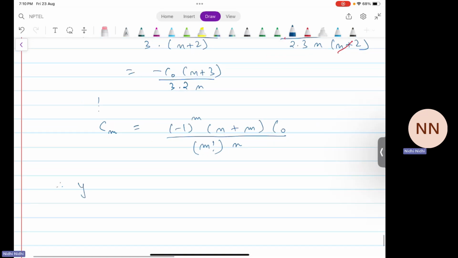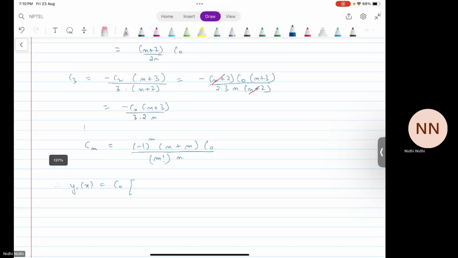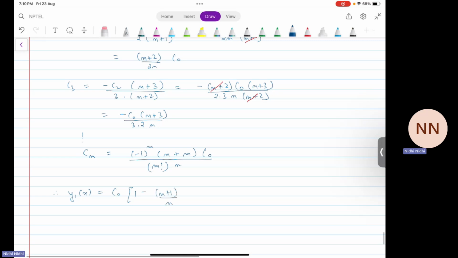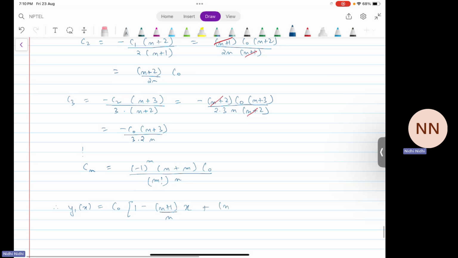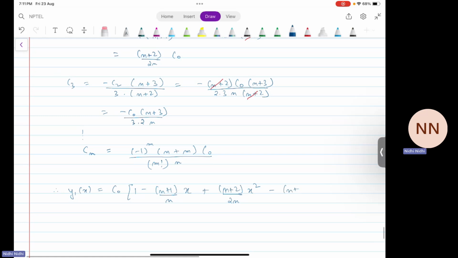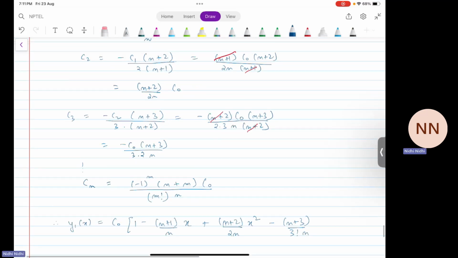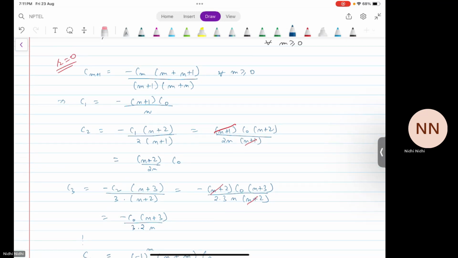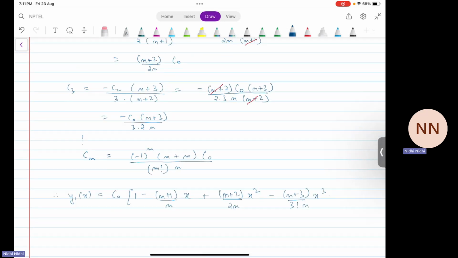Therefore, y1(x) is equal to C naught times 1 minus n plus 1 by n x plus n plus 2 by 2n x square minus n plus 3 by 3 factorial n x cube and so on.